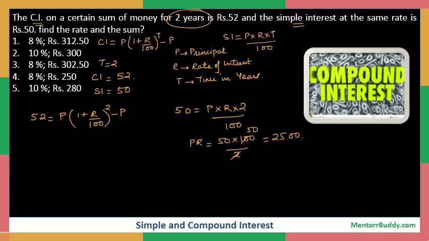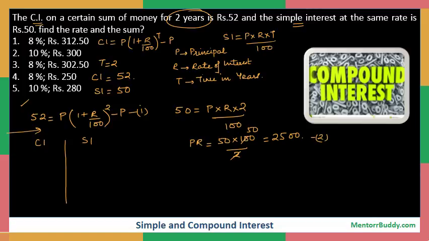Now as you can see, this is one equation, and PR is equal to 2500 is my second equation. But these equations do not look very easy or convincing wherein we can use them directly and get the answer of P and R. So we'll use a different process here.